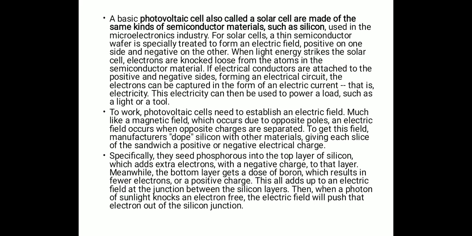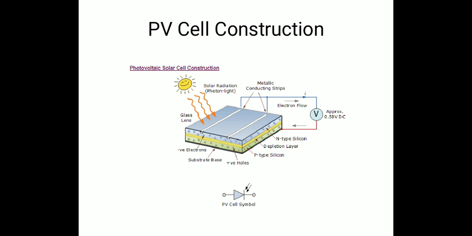Then when a photon of sunlight knocks an electron free, the electric field pushes that electron out of the silicon junction. See the detailed diagram of the PV cell construction. Look at the upper side and the lower side. The lower side has the positive holes and the upper side has the negative electrons.